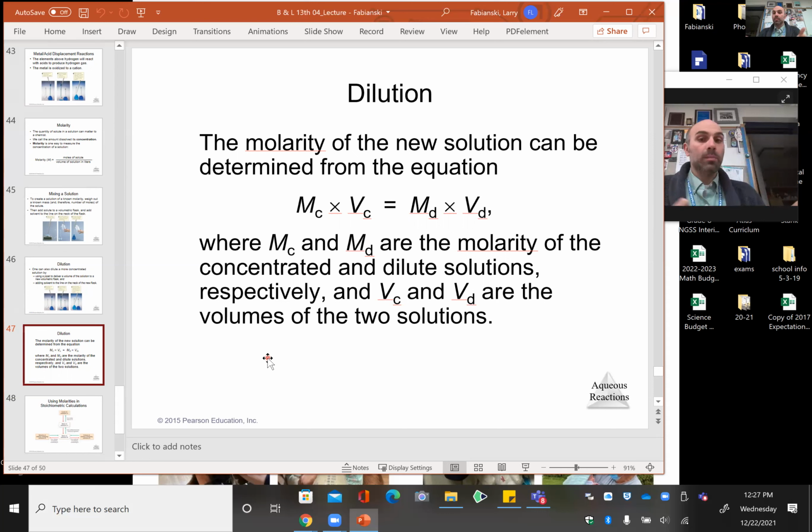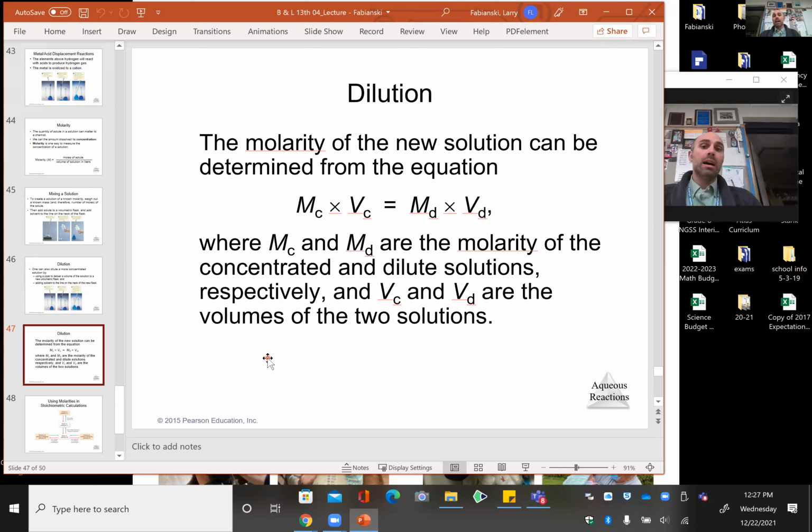In most cases, you'll either be calculating M_D, the molarity of the new diluted solution, with the 3 other values given, or you have a molarity that you want to reach and you want to find out how much you pull from the original solution. In that case, you'll be calculating V_C, the volume that you have to take out of the concentrated solution.